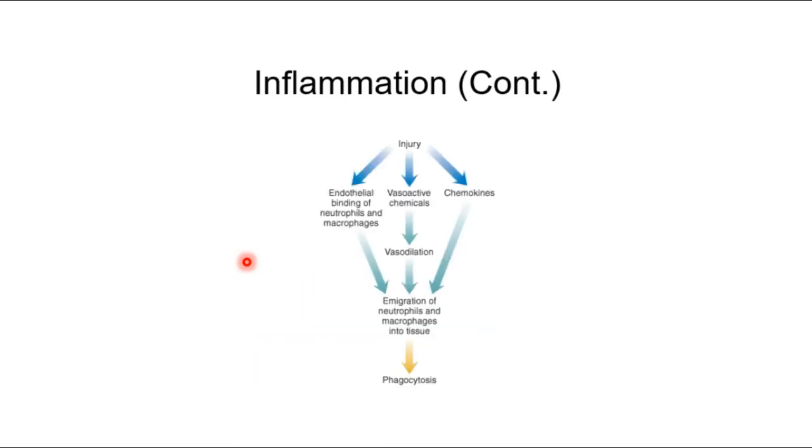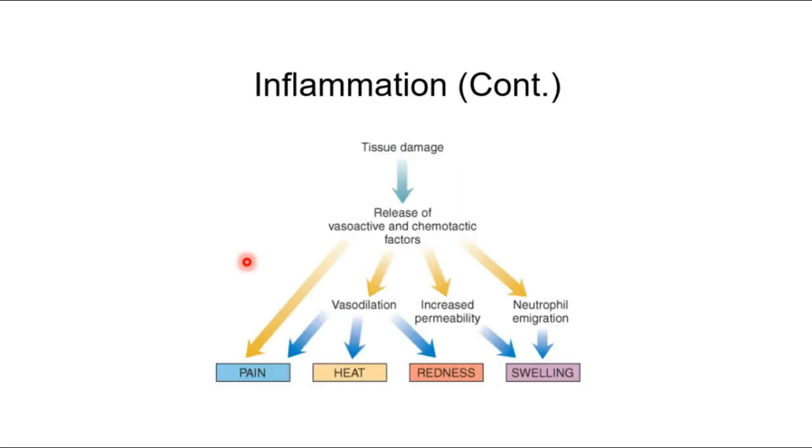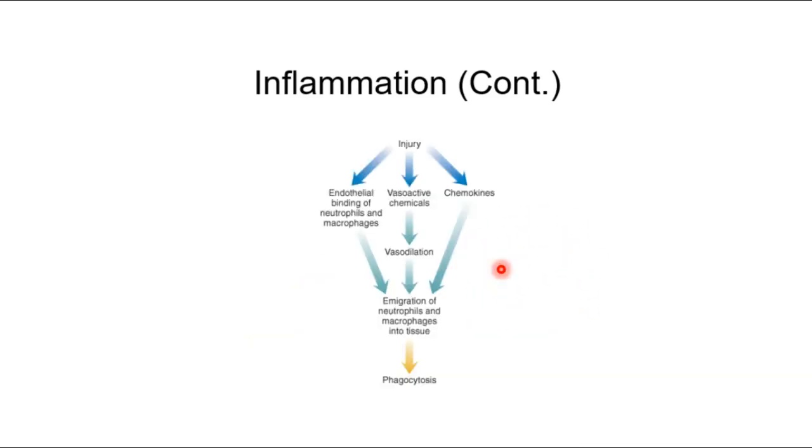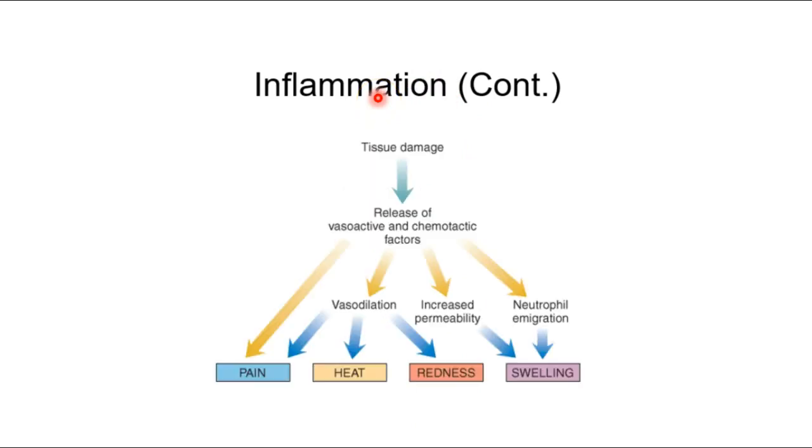So I would really like for you to mentally integrate these two concepts. When we get our neutrophil emigration over here, we're talking about this cascade over here. A neutrophil is just one type of white blood cell, obviously, but it is the most common white blood cell. And it's always going to be there for any injury you get.